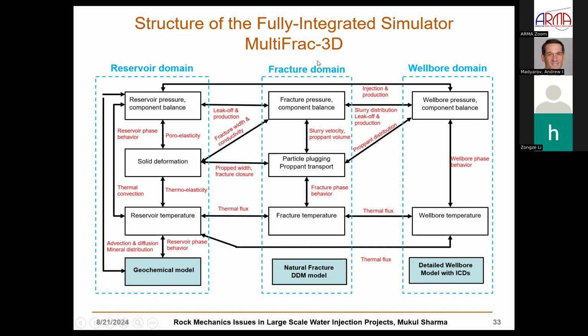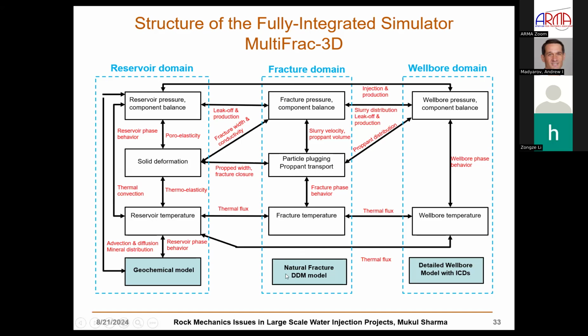And then there's a fracture domain, which of course couples directly, as a boundary condition, to the reservoir domain. It solves the pressure equation and the component balances, so you can use mixtures of gases or liquids as a fracturing fluid. It does particle plugging and proppant transport, which is extremely important in many of the applications we've dealt with recently. It also solves the fracture temperature equation, so the temperature changes along the fracture.